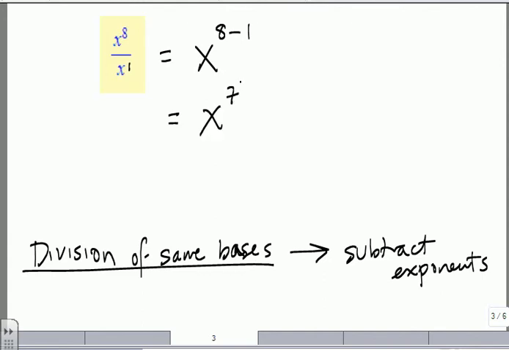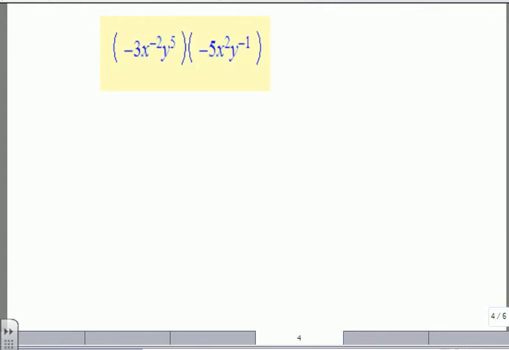Next one. Oh, I like this one. Okay, please notice we've got lots going on. When I look at this problem, we have regular old numbers, we have some x's, and we have some y's. Do you recognize that in this problem, everything is being multiplied? So I'm going to say that's the same thing as -3 times x to the -2 times y to the 5th times -5 times x squared times y to the -1.